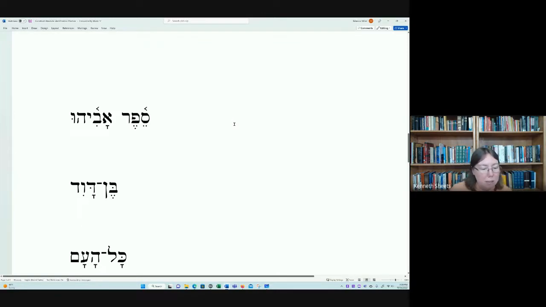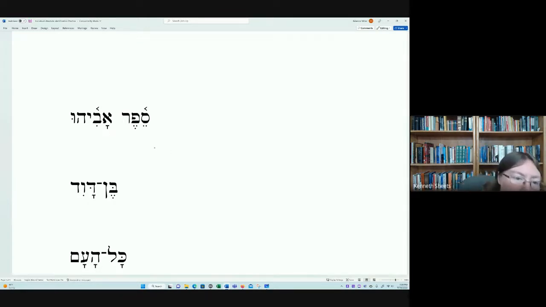And then let's come on down to this one here as well. Sefer Avihu. So Sefer is going to be another noun, masculine singular, and it is construct, basically the idea of a written record. So record of. Now this next word here, Avihu, is another word that actually has two different parts of speech.